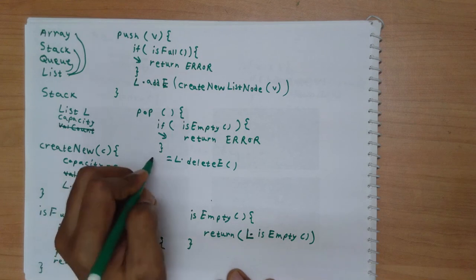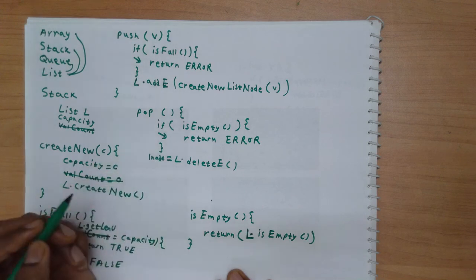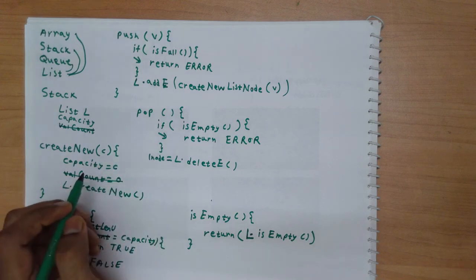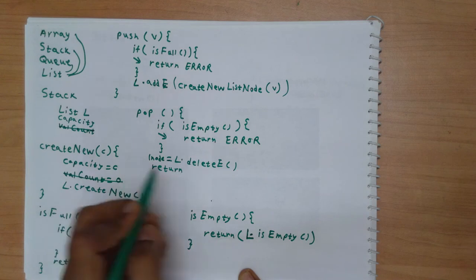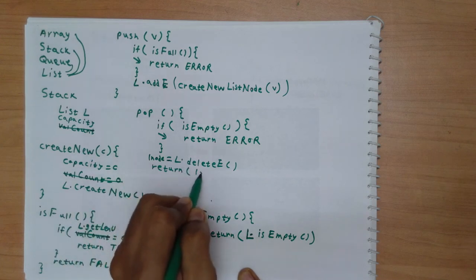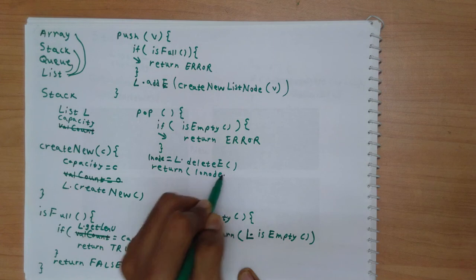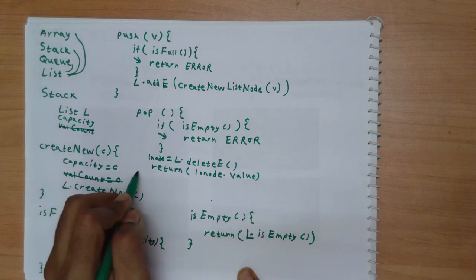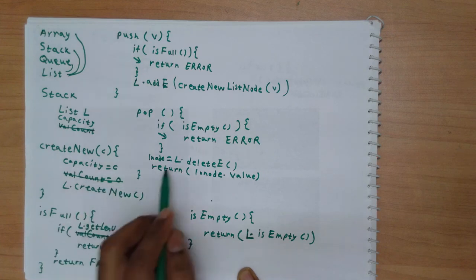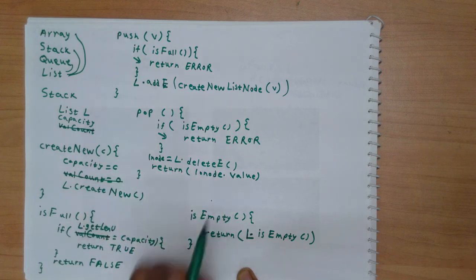Let's store that address in a list node variable, let's call it l node, and now I have got the address of this node, and I will return l node dot value. That's the value stored in that node, and that's how my pop will work. And whenever I delete from my list, the list would take care of updating the length, so I don't have to do it explicitly.